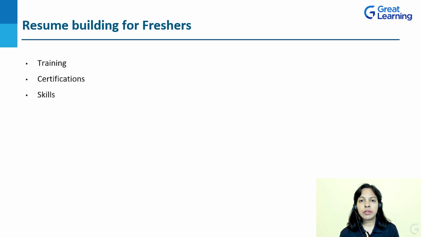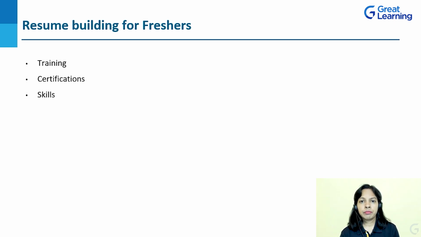If you have done multiple trainings, don't hesitate to mention all those trainings which you have done. Many people do training for like 1 month or 2 months. If I talk about 4 years of engineering, maybe from the second year itself, students do training of 1 month, 2 months, then 6 months also, depending upon how the structure of the curriculum is.